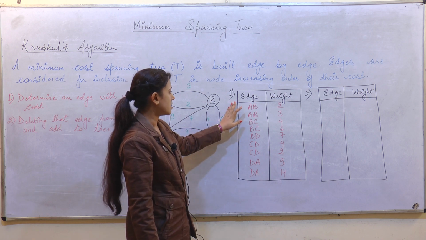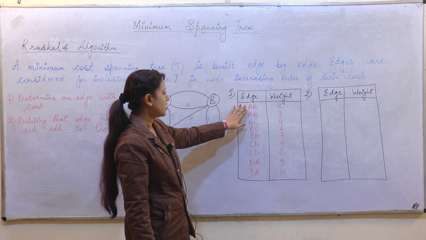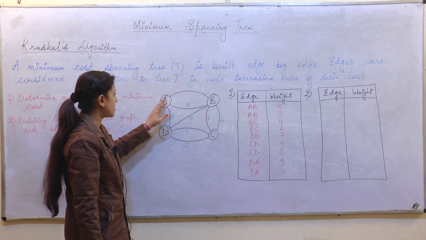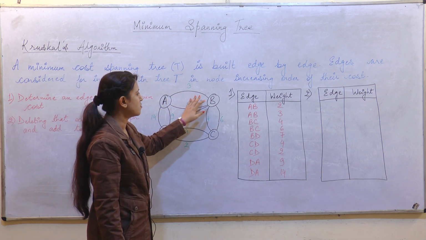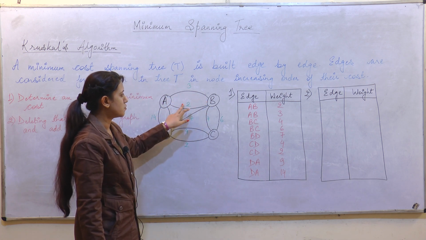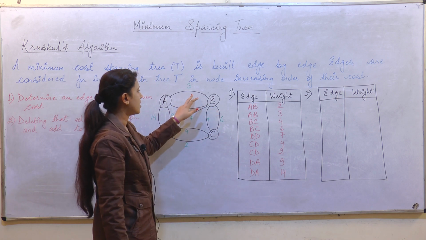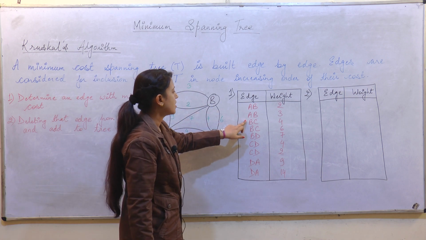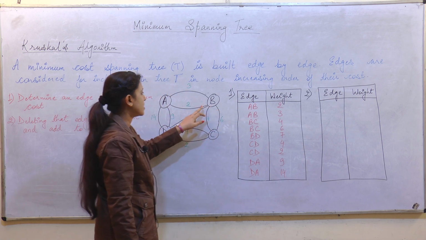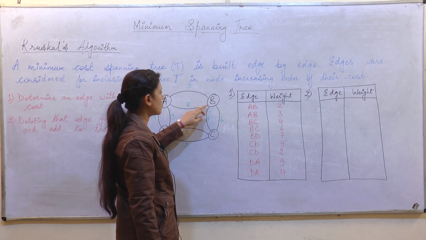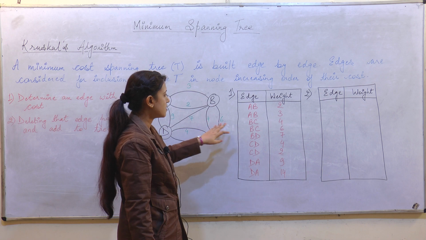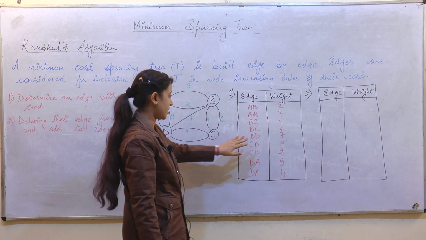From this table we have edge AB, that means the edge going from A to B, which has weight 2, and the other edge has weight 3. Similarly for edge BC, the edges going from node B to C have weights 4 and 6 respectively.